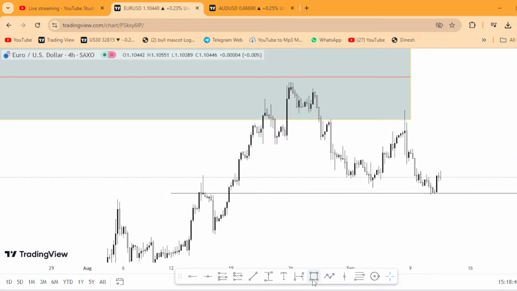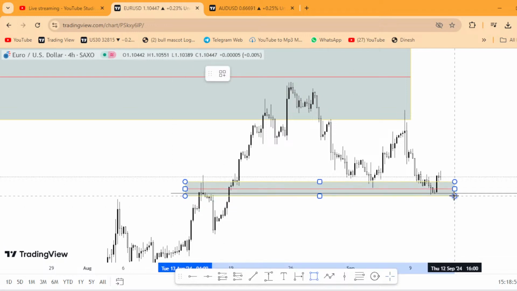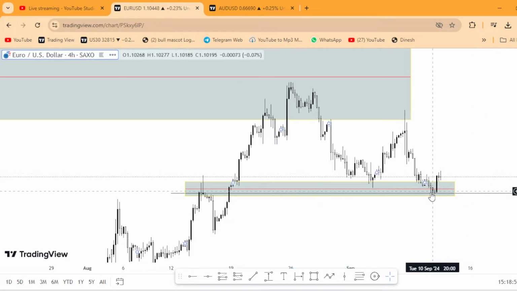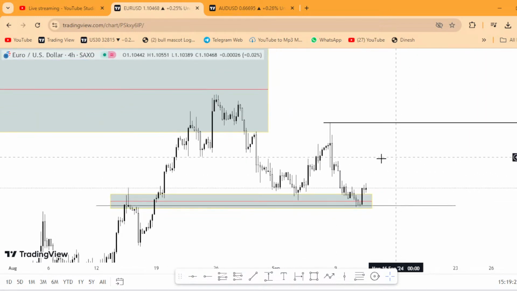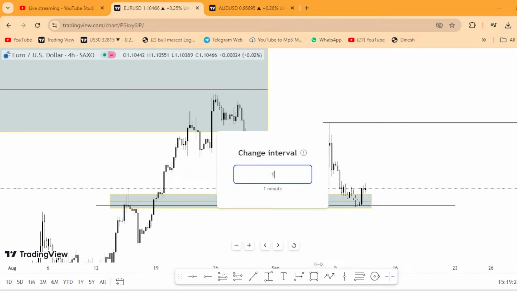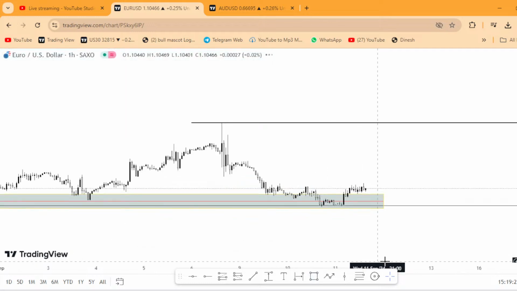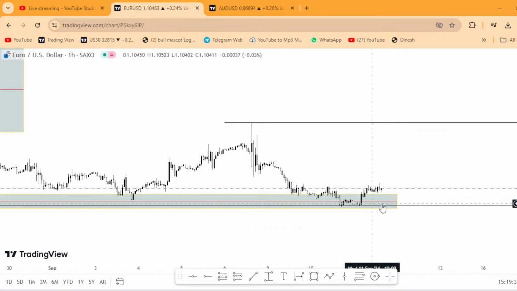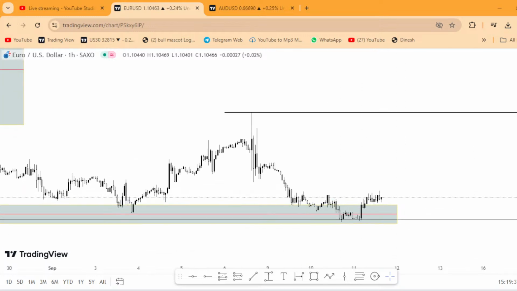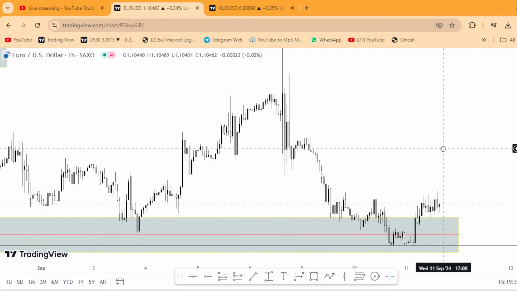But what has been provided is that after giving that push, the H1 consolidated a lot.